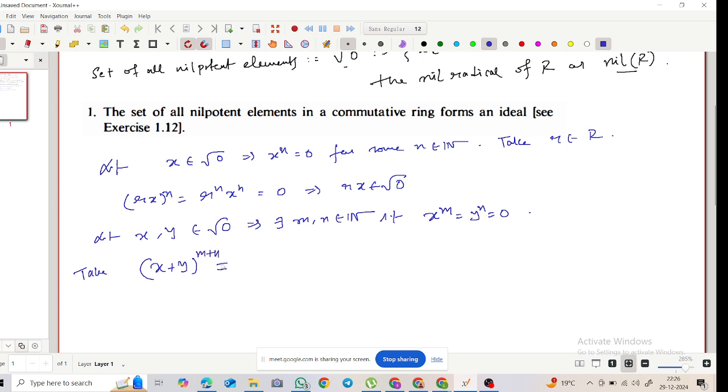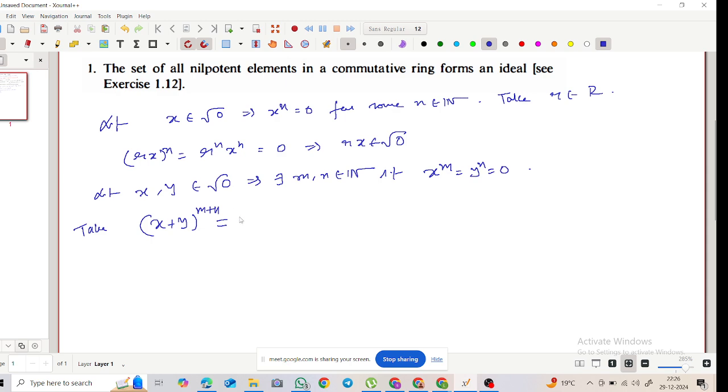Break this into a binomial expansion: the summation with i running from 0 to m plus n of (m plus n choose i) times the terms.